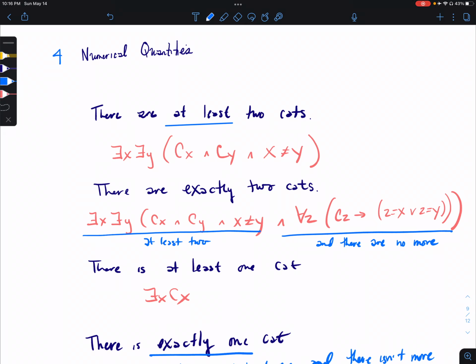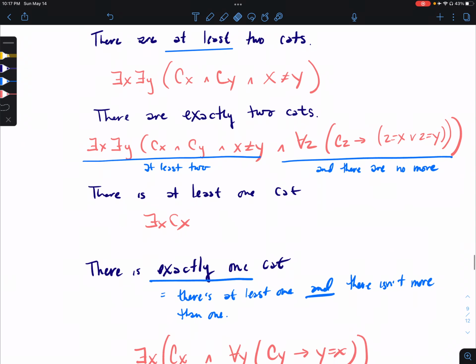The point is just that here's a really useful way we can use the identity predicate to say mathy kinds of things, really. We're talking about cats, but we're specifically giving numerical quantities. We're able to say that there are exactly two things, and we could do it for exactly three, but as you can see, that will start to get long. This is already long, and we're only talking about there being exactly two things.